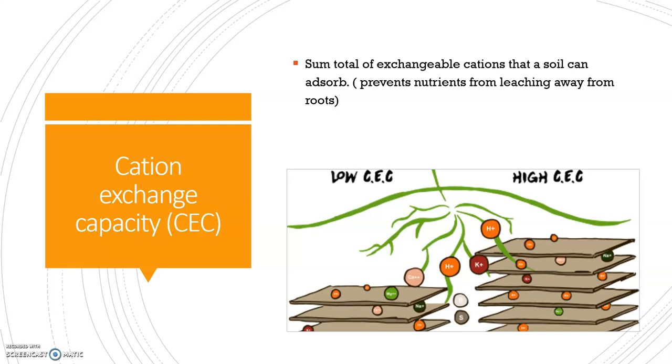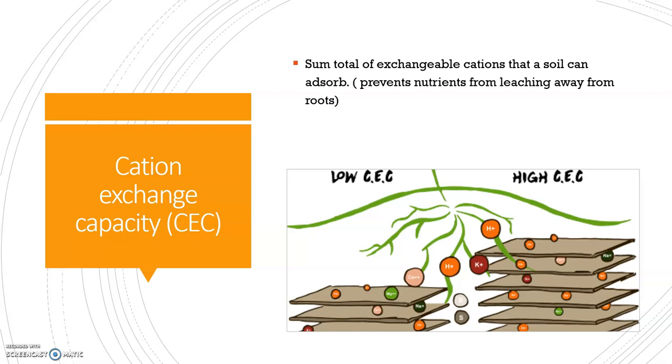Alright, yes, you can see these platy layers, right? This is colloid. Okay, let's say for example, you take a soil sample, you send it for soil analysis, and the results show your soil contains low CEC.